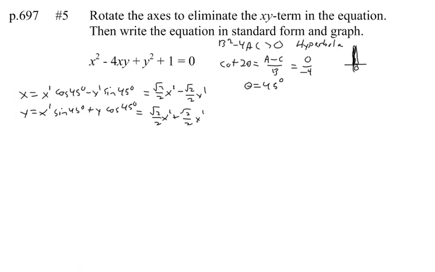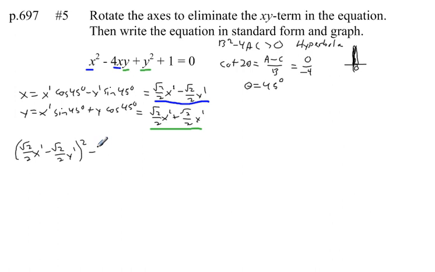So now we need to make some substitutions. Anywhere we see an x in our original problem, we're going to plug in this new value of x. Anywhere we see a y in our original equation, we're going to plug in this new value of y. So let's make those substitutions. Instead of writing x squared, we're going to write the square root of 2 over 2 x prime minus the square root of 2 over 2 y prime, quantity squared.